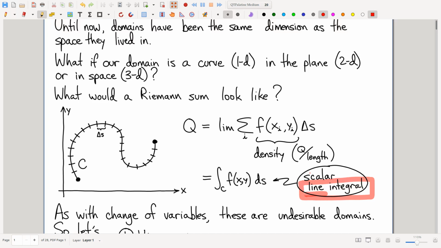Okay. Now, why do we call this a scalar line integral? What's the deal with this clarification? And I am going to punt on that one for the moment. Later, possibly today, we're going to see a different kind of line integral.